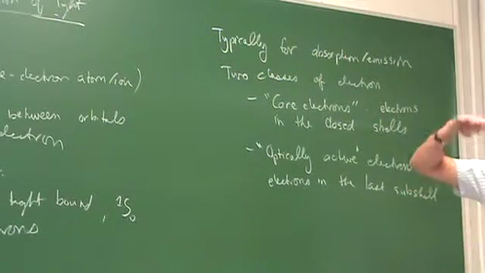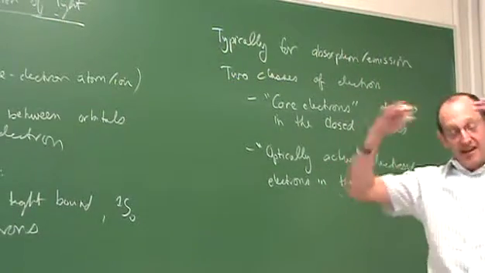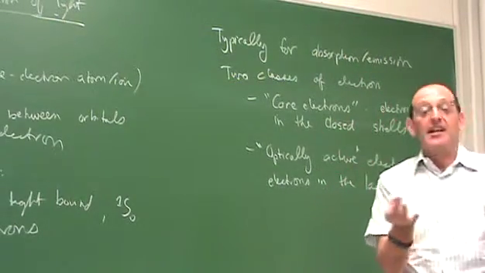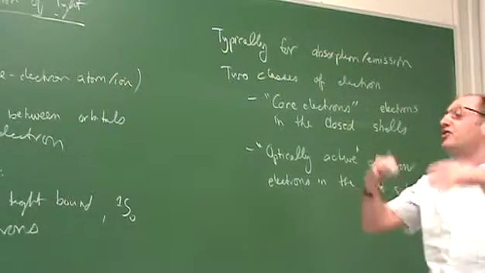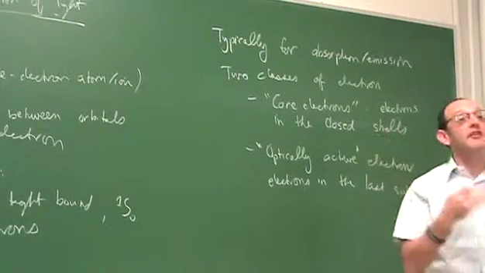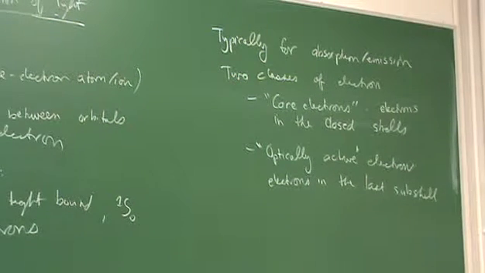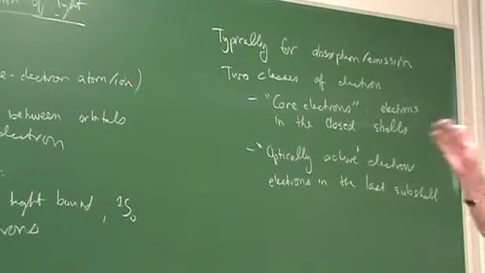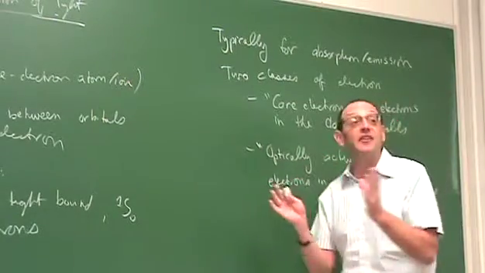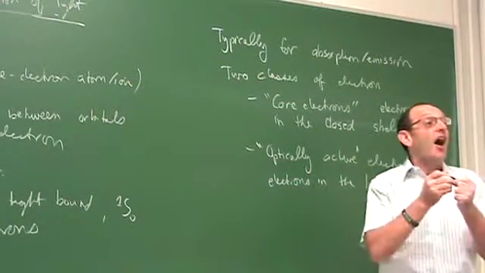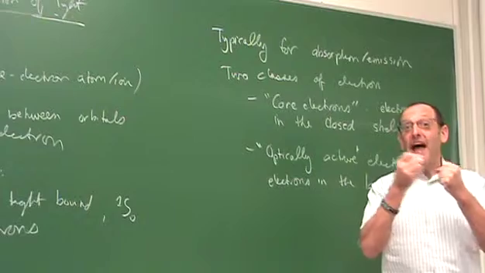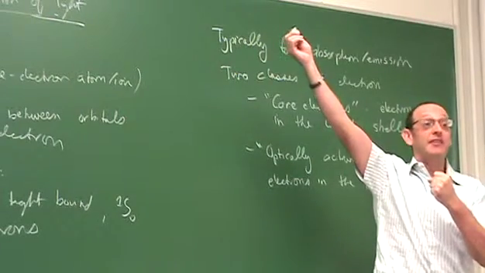So if I had some ground state configuration, like the 2s squared configuration of beryllium, or, well, we know in the 1s squared configuration of helium, in fact, it's only possible to have a bound state with only one of the electrons excited.